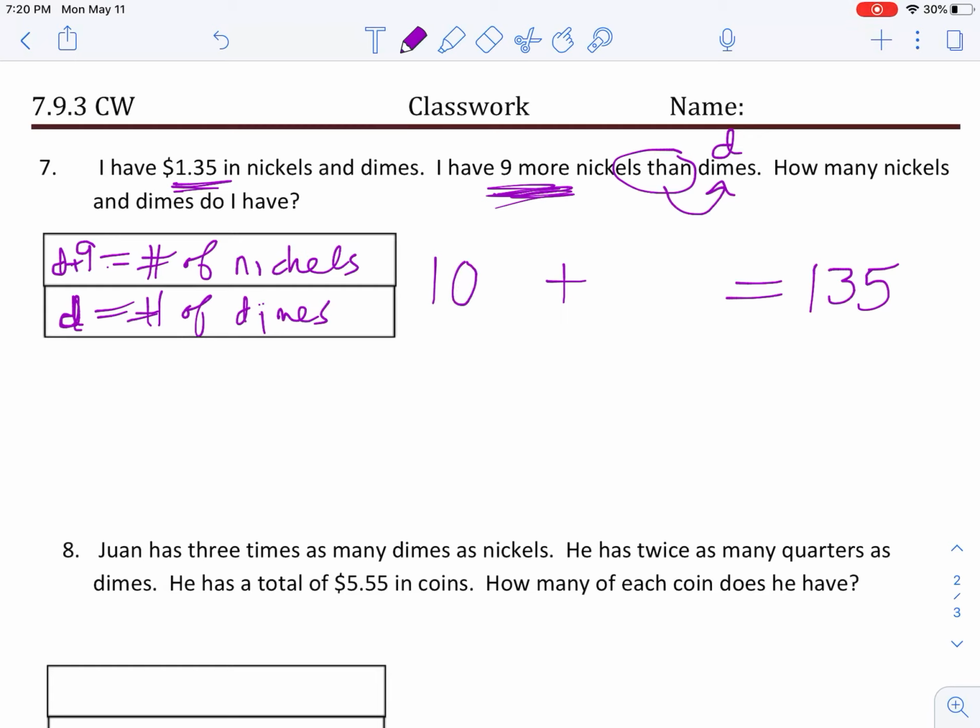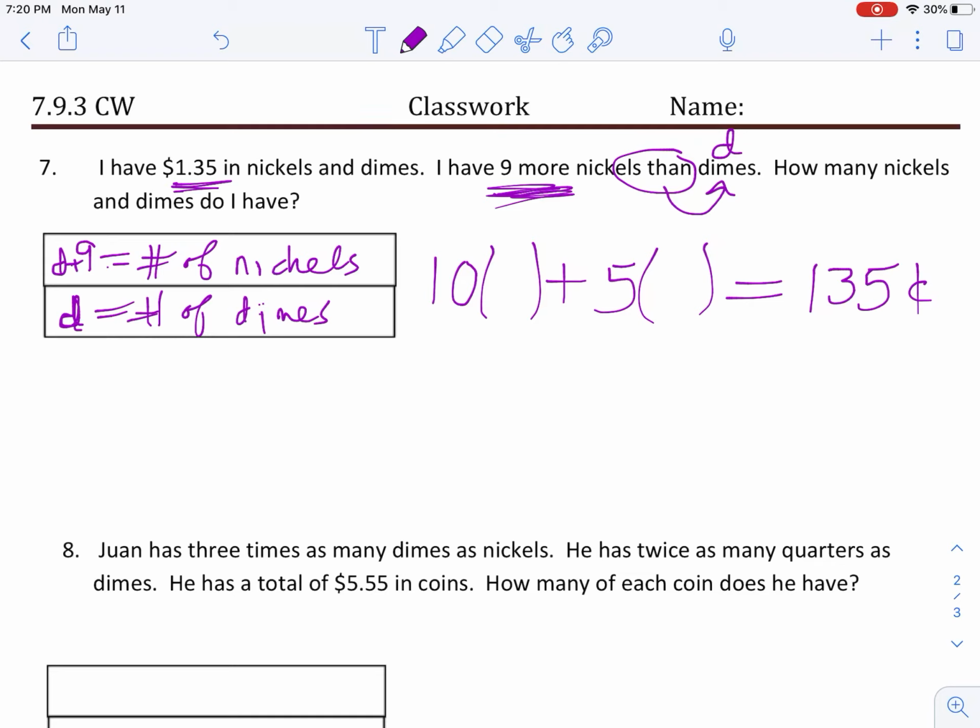That's going to be 10 cents is the value of a dime, and 5 cents is the value of a nickel. Now I just have to figure, what do I multiply that by? Now, I'm dealing with 10 cents and 5 cents, so do you notice that I only have 135 cents? I took away the decimal, so I can just deal with 10 cents and 5 cents rather than 0.1 and 0.05.